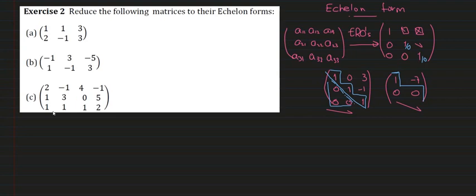So what's the first step? We need this value to be 1, right? Using one of the elementary row operations, which is to interchange any two rows. We can multiply any row with any non-zero constant. We might add or subtract, or like you see, we may combine the last two operations.